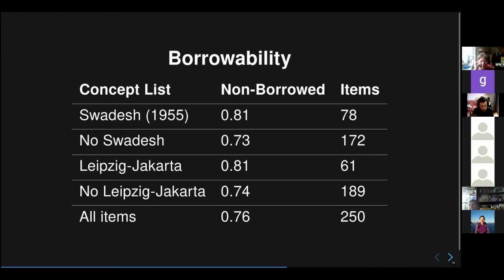I did it 10,000 times because the results were sometimes slightly different. Every time I pick out 70 items instead of the Swadesh items randomly, and the rest of the items, and then I see whether I get a similar difference. The difference of 81 to 73 would be 7 to 8 percentage points in stability. I did the same for the Leipzig-Jakarta list and for some other lists that I tested.